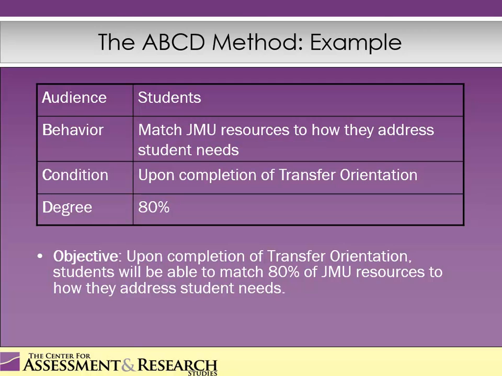It's upon completion of transfer orientation in this example. Last, the appropriate performance degree should be determined. In this case, it's 80%. All these pieces can now be incorporated, resulting in the following objective. Upon completion of transfer orientation, students will be able to match 80% of JMU resources to how they address student needs.